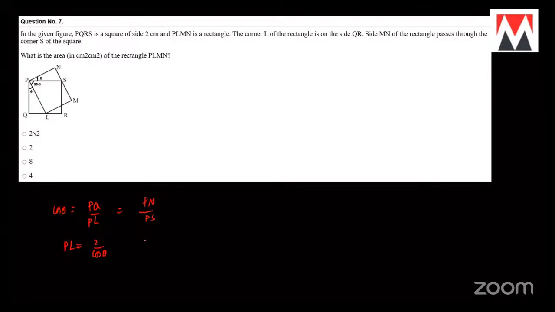So this is a rectangle PL PN. So PN is equal to PS, which is 2 cos theta. Right? So what is the area of rectangle? It is PL into PN, which is equal to 2 by cos theta into 2 cos theta, which is 4. That's all. The answer is 4.